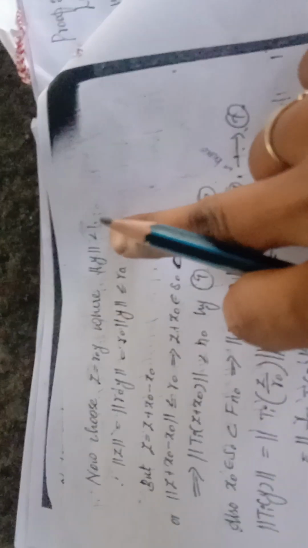Then what we have to do is choose z equal to r naught y, where norm y is less than 1. So norm z equals norm r naught y. r naught is a scalar radius, so r naught times norm y is less than or equal to r naught.